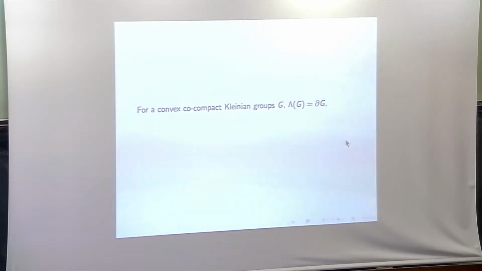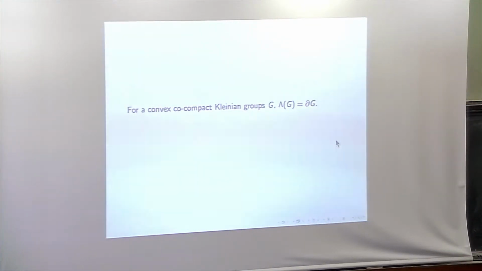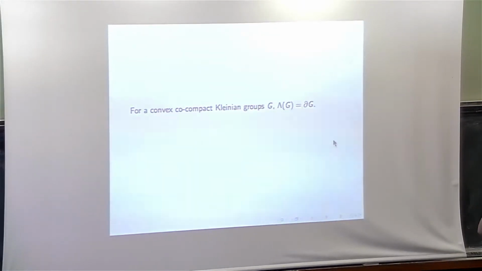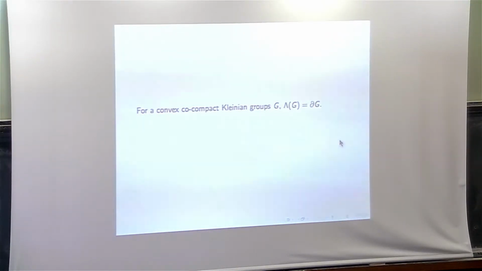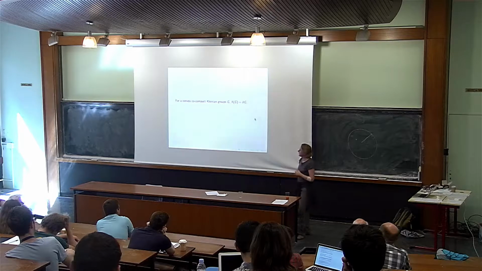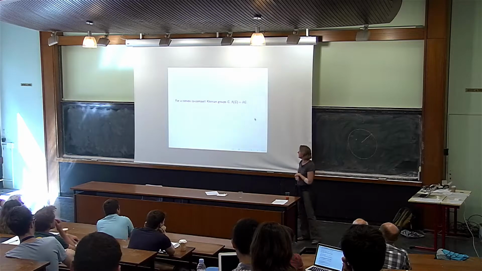Okay, so suppose I have a convex-cocompact Kleinian group. That's a Kleinian group that acts co-compactly on the convex hull of its limit set. Any convex subset of H3 is also delta hyperbolic, because if I take 3 points, the geodesic triangle between them is in the original space. So a convex subset of any delta hyperbolic space is again delta hyperbolic.